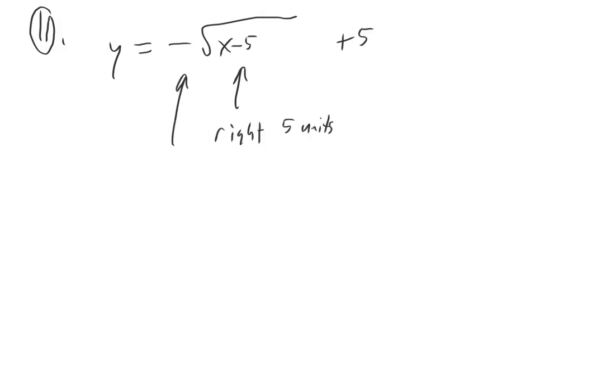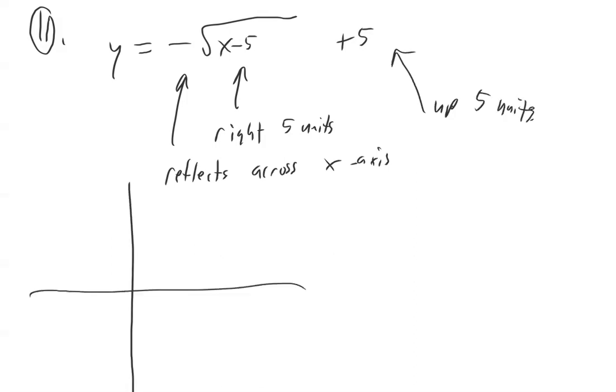So 11 says y equals -square root of x minus 5, plus 5. So this moves it right 5 units, right? This reflects it across the x-axis. This one moves it upwards 5 units. So if I make a graph of it, the original square root of x looks like this.